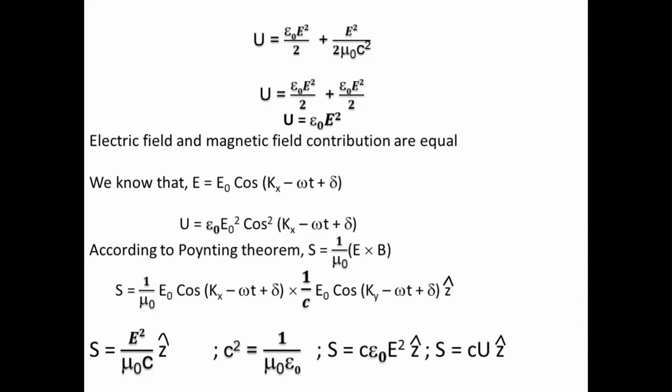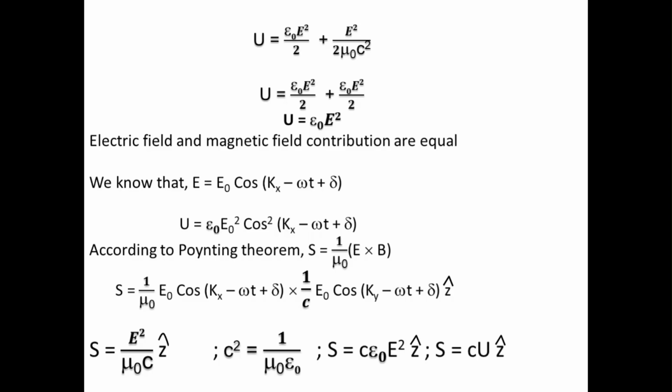According to Poynting's theorem, the energy flux density S is equal to the cross product of the electric field and the magnetic field intensity, or 1 upon mu naught E cross B. Now if we do the cross product, suppose x, y, z are three coordinates in the coordinate system, with unit vectors x cap, y cap, and z cap.